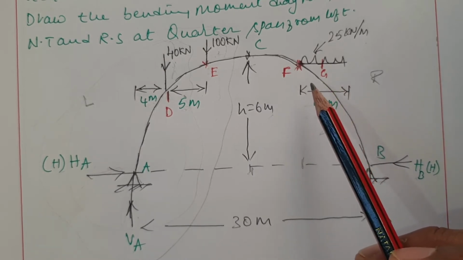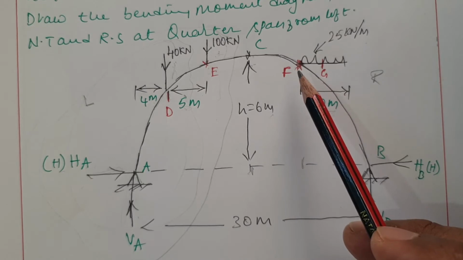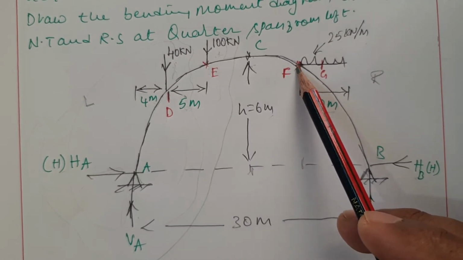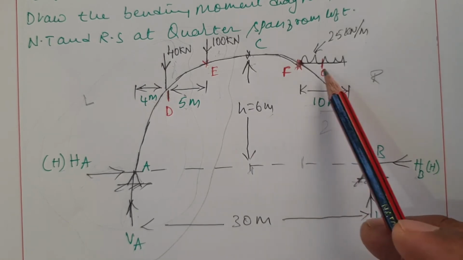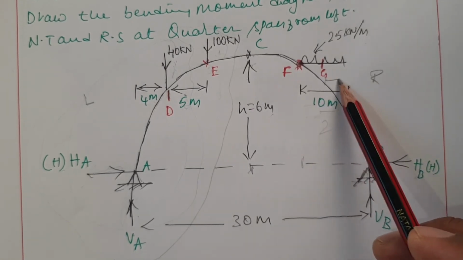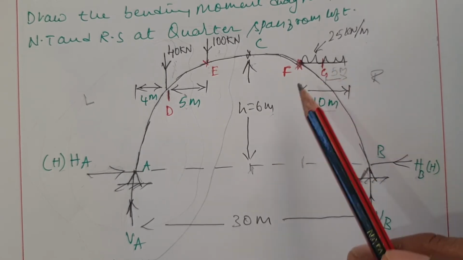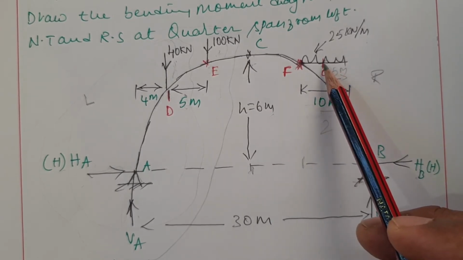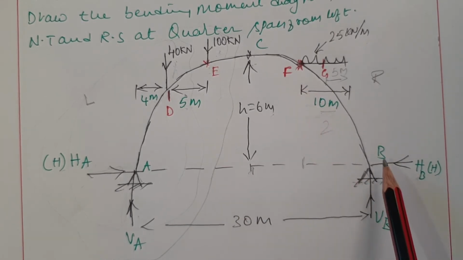Okay, for that I am considering F as a point where the UDL is acting. Another one, for this UDL the centroidal point is G, that is, end to G distance is 5 meter. At this point also I am considering. So keep it in mind: first I am considering portion B to F, next portion B to G. Clear?